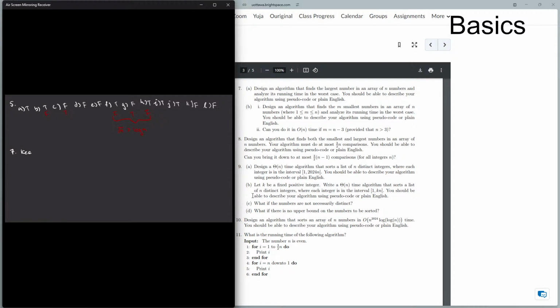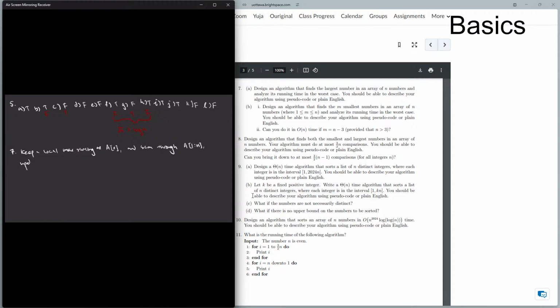Keep a local max, starting at array at 0, and scan through array at 1 to n.